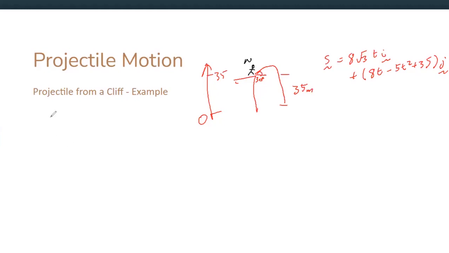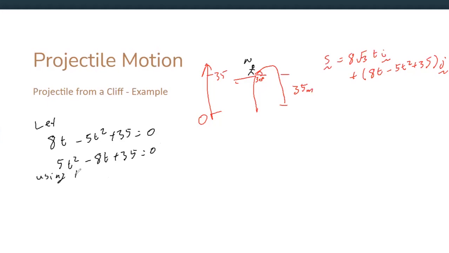So we want our j component to be 0. So we want to let 8t minus 5t squared plus 35 equal 0. So I'm just going to multiply everything by -1 to get rid of that negative on the t squared. So we get 5t squared minus 8t minus 35 equals 0. So now from here we use the quadratic formula.